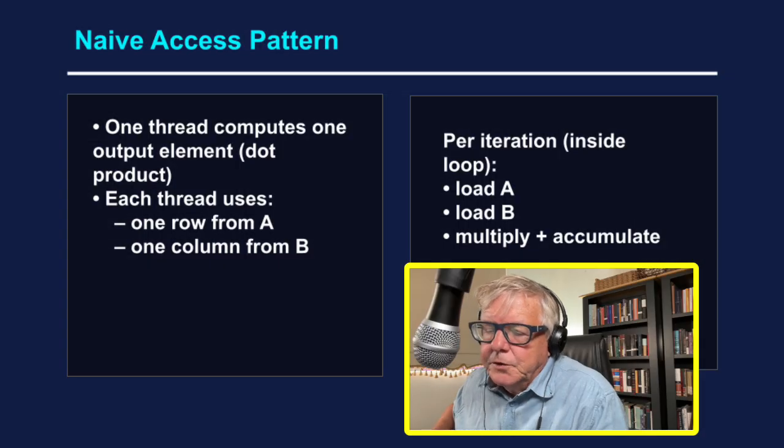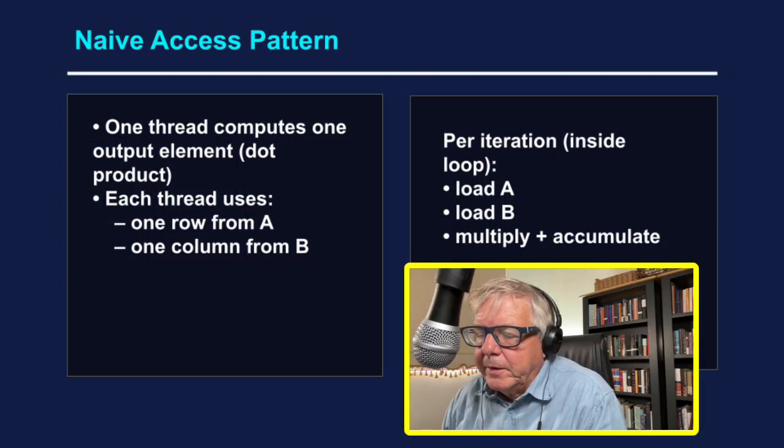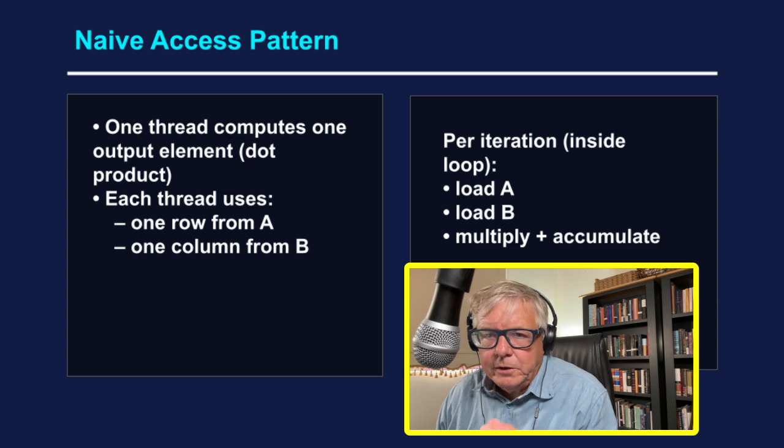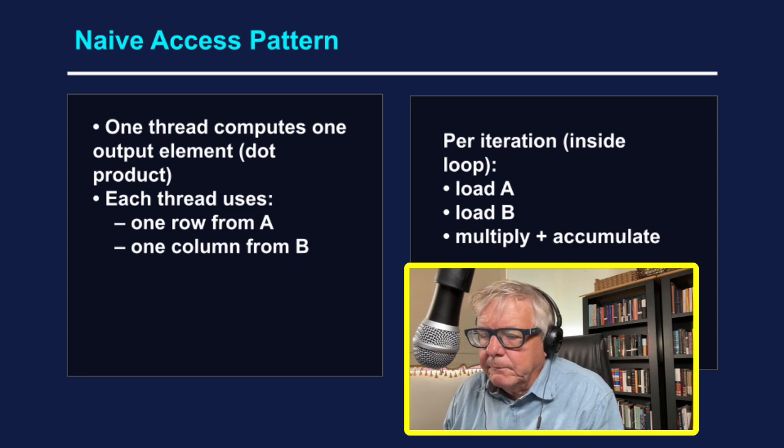So here's what you do in a naive access pattern. One thread computes one element, right? You have a dot product: multiply two vectors, row and column, which produces a scalar.